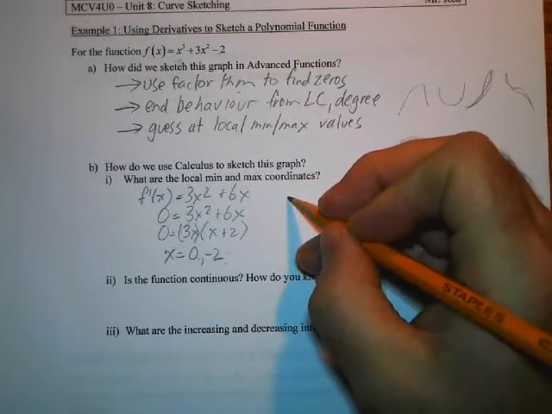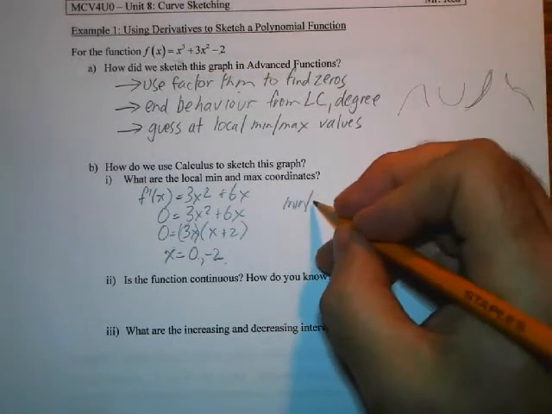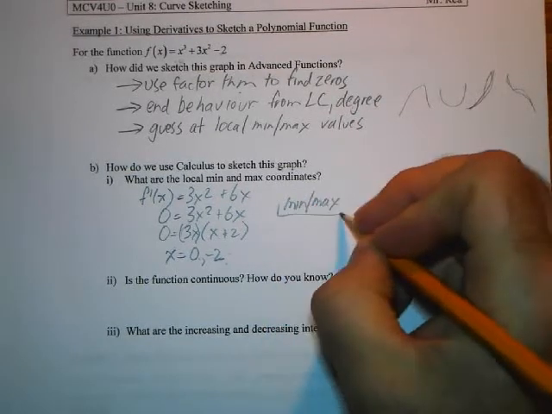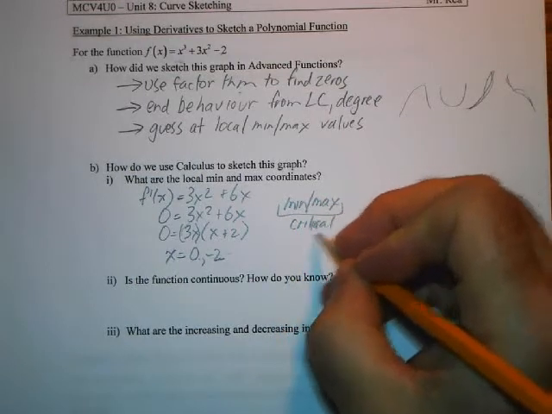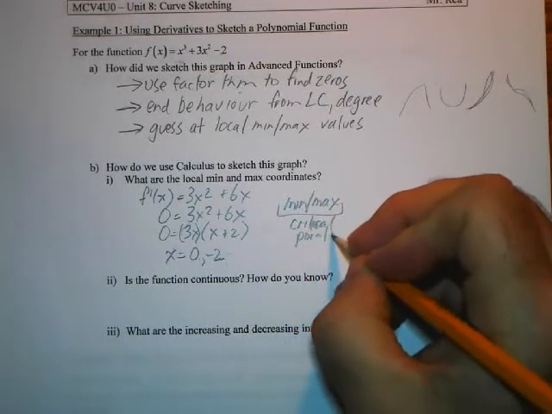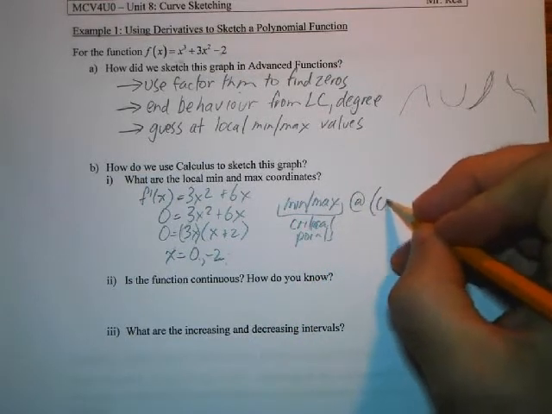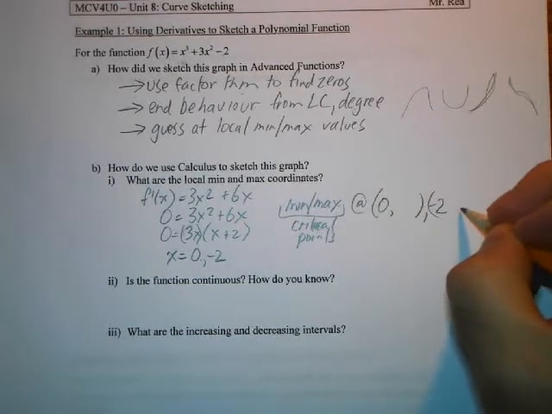So we could say at this point there's a local min or max. Well, I guess I'm kind of contradicting myself when I say this. More generally, there are critical points, and that is going to occur at 0 and negative 2.